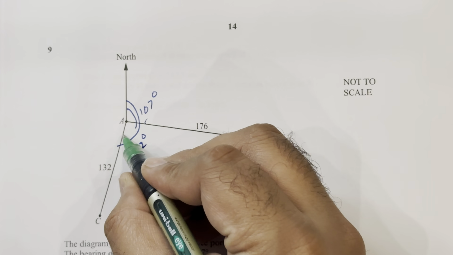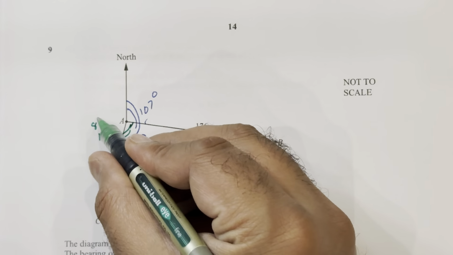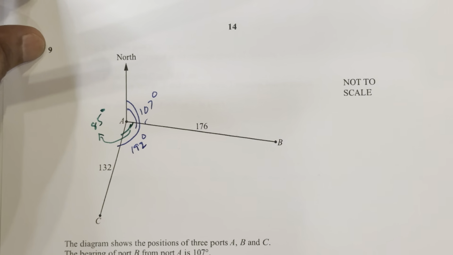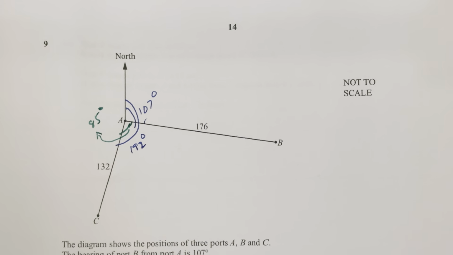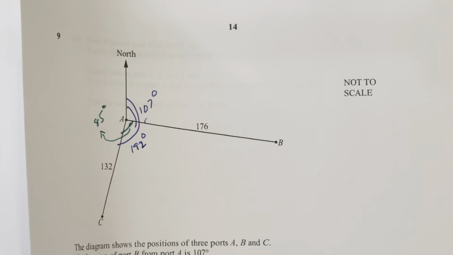So simply this angle is 85 degrees. Okay, next, AB is 176 kilometers, AC is 132 kilometers.